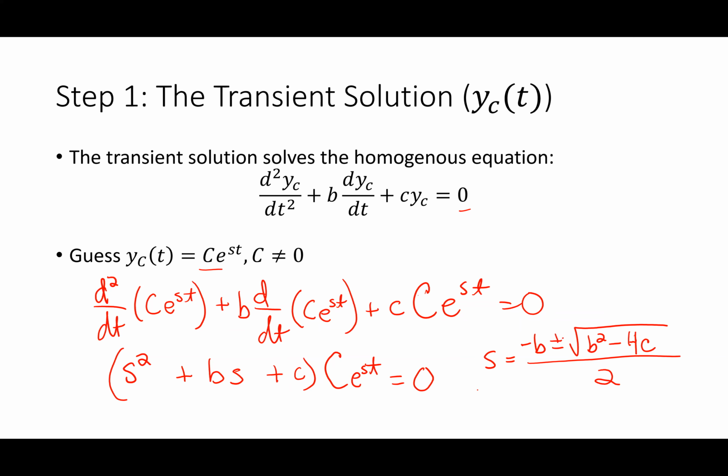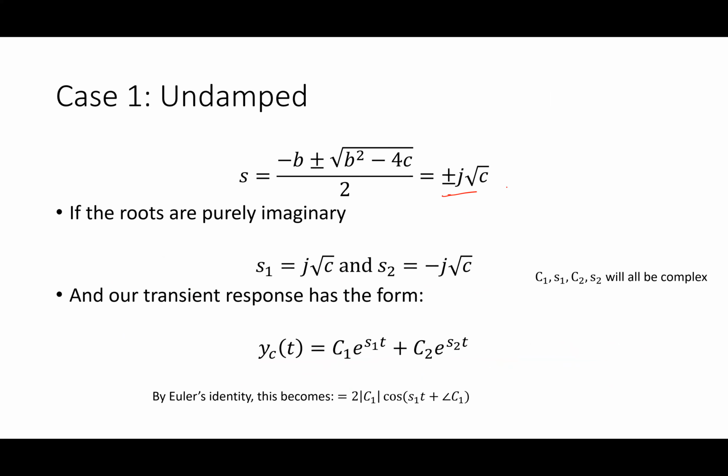So in that case, the only way for that to happen is if b was equal to 0. And so what I end up getting is this, which means that I get roots that are purely imaginary. Purely imaginary is not really imaginary. It's a sine wave in the real world, right?